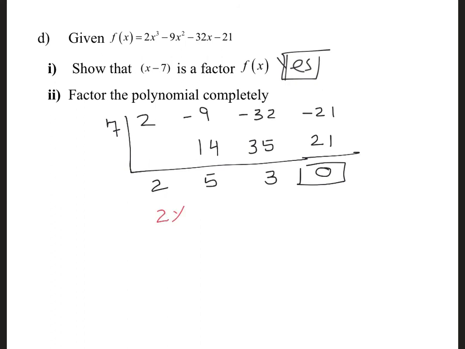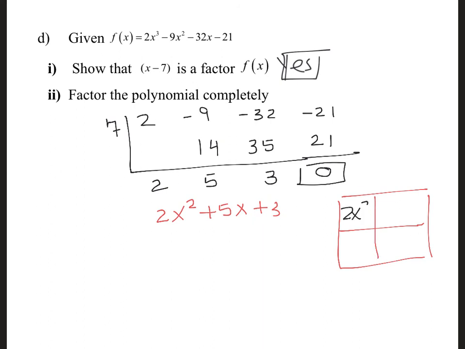So this is 2x squared plus 5x plus 3. So here, let's use the box method, not synthetic division, to factor this one out. So here I have 2x squared, and this is 3. So two numbers I can multiply to get 6, and add to get 5. So that's going to be 2x and 3x. So once I factor, this becomes 2x.